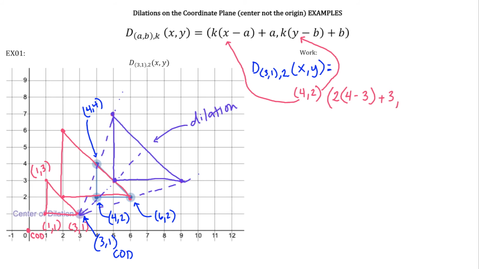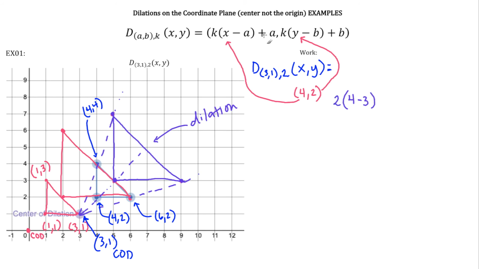I'm going to separate it using a different color. It's starting to look confusing. Maybe I'll just start a different one to begin with. Okay. It'll be good for explanation anyways. So I start off with my x, which is 4. And I'm going to subtract my A, which is 3. I'm going to multiply by my scale factor, which is 2.